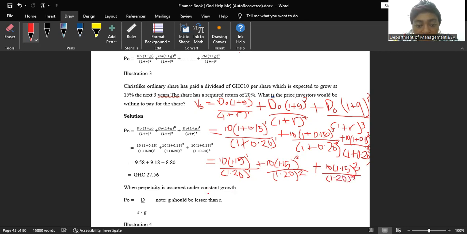Okay, so that is it. That is how we are finding the values. So you do the brackets first, you raise this to its power and this to its power today. You raise this to this before you multiply and all that. But for time's sake, we are going to be fast. All of this is going to give us 9.58.